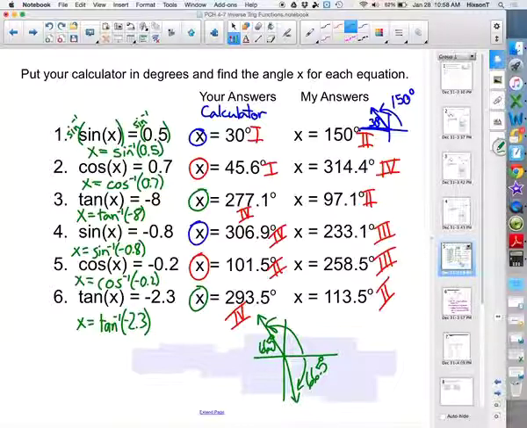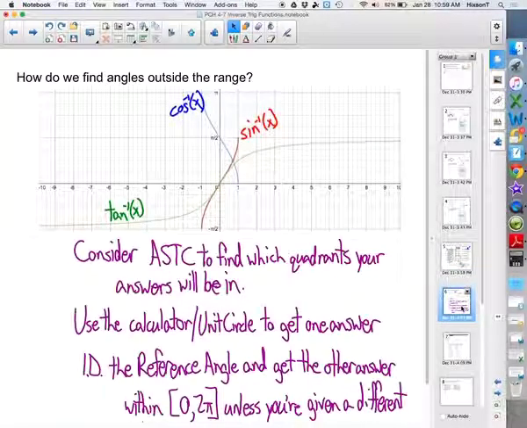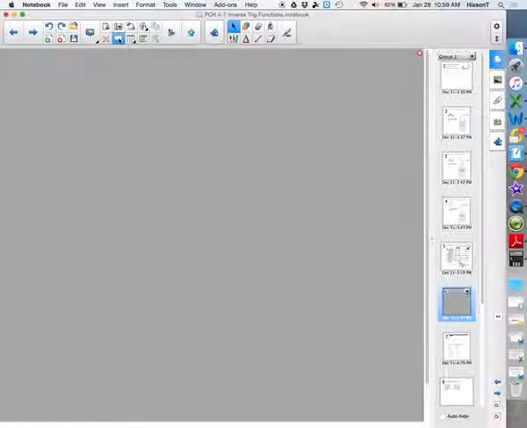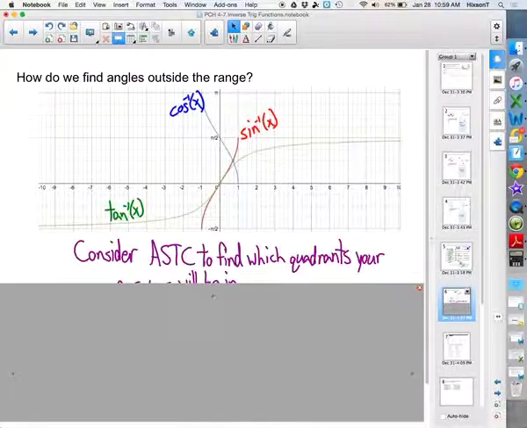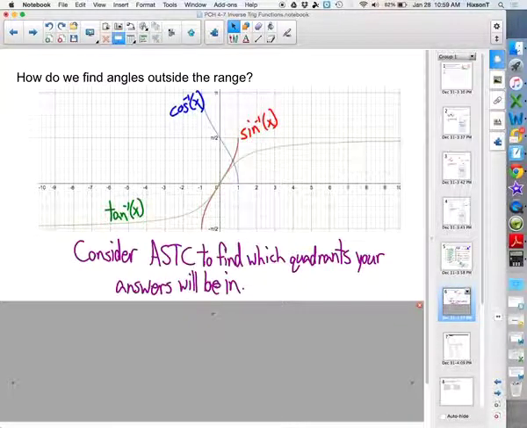So, just to summarize all of this, how do we find angles that are outside the range? Here's our arc cosine, our arc sine in red, our arc tangent in green. How do we find angles that are outside the negative pi over 2 to pi over 2 or the 0 to pi? Well, consider, all students take calculus, the signs in your quadrants to find which quadrants your answers need to be in.